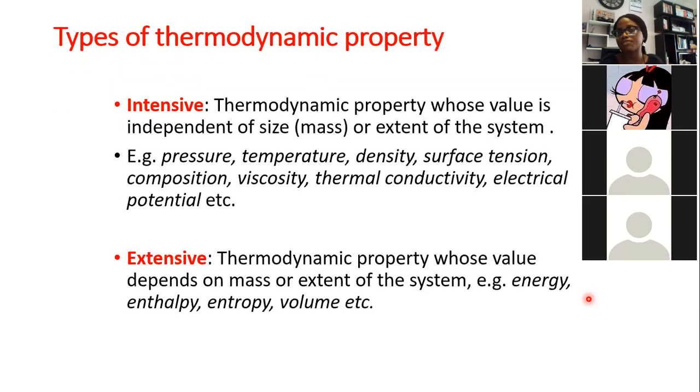What is the difference? A thermodynamic property whose value is independent of the size, mass or extent of the system is known as an intensive property. Examples are temperature, pressure, density, surface tension, composition, viscosity, thermal conductivity, electrical potential.